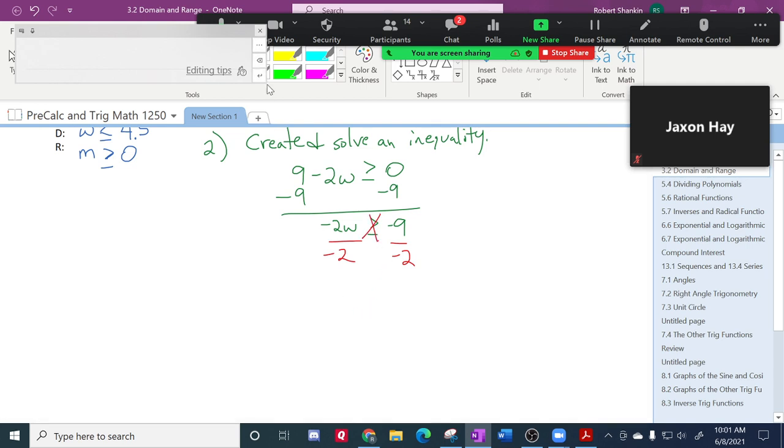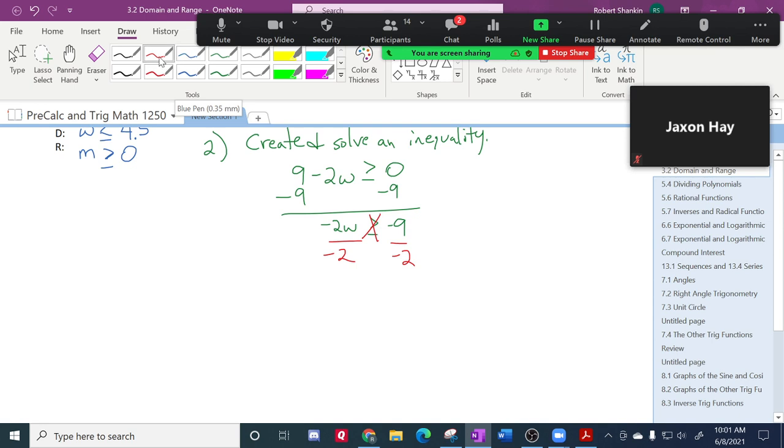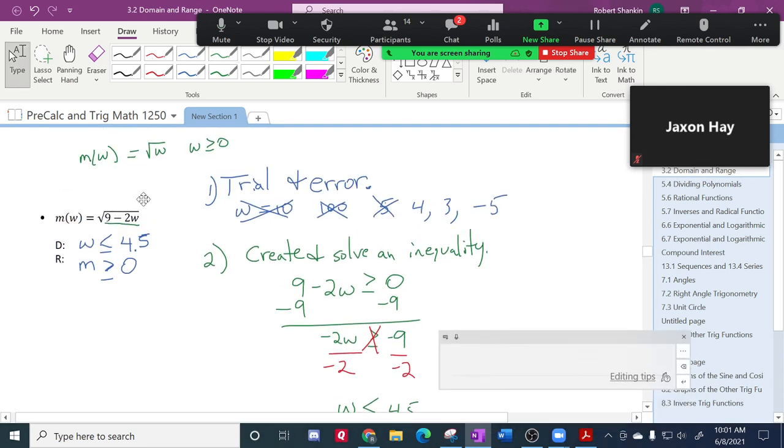So then we're going to get here, W is less than or equal to 4.5. Exactly the same answer that we had come up with by trial and error over here. So when the problems get really tricky, you might be better off sometimes going with creating and solving an inequality. Or you could do it both ways and kind of check your work.